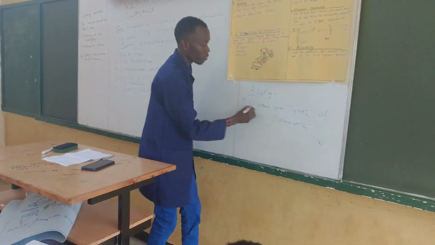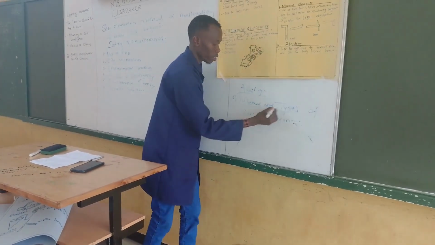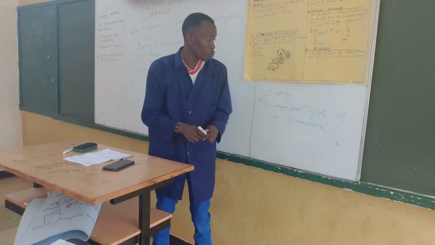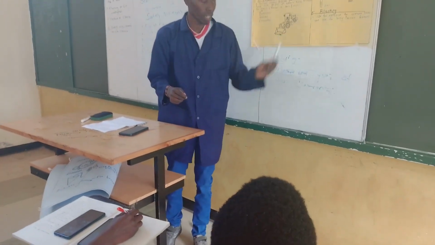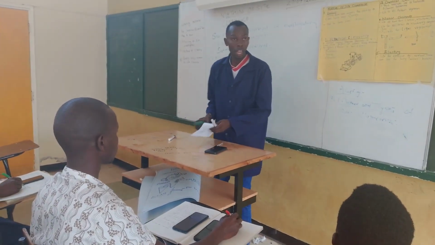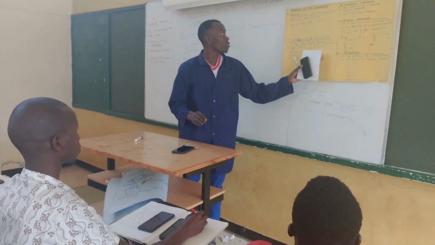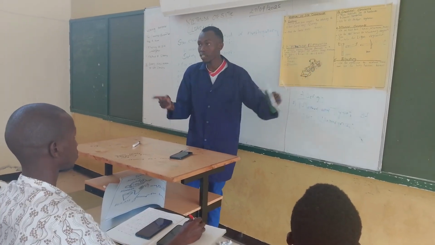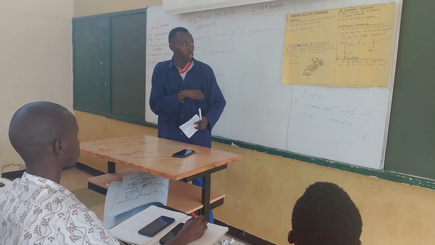We have just tackled some small methods of site clearance, so do more on the types of site clearance. And that's the end of our lesson. I will leave the class for now. That was lesson one, then let's meet in the next lesson.